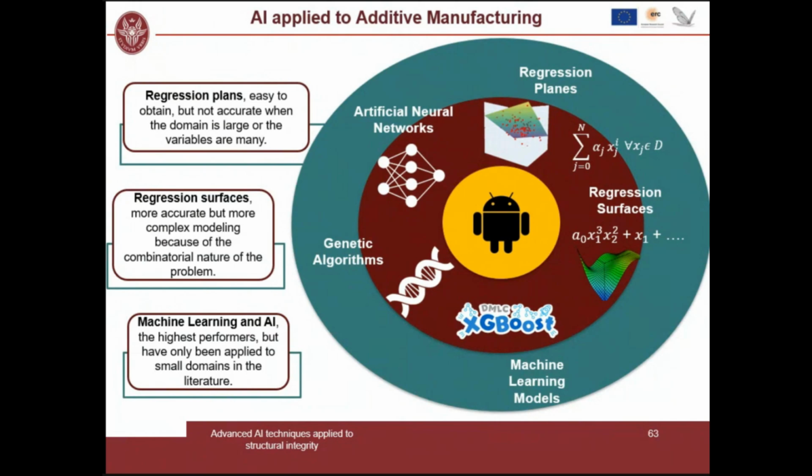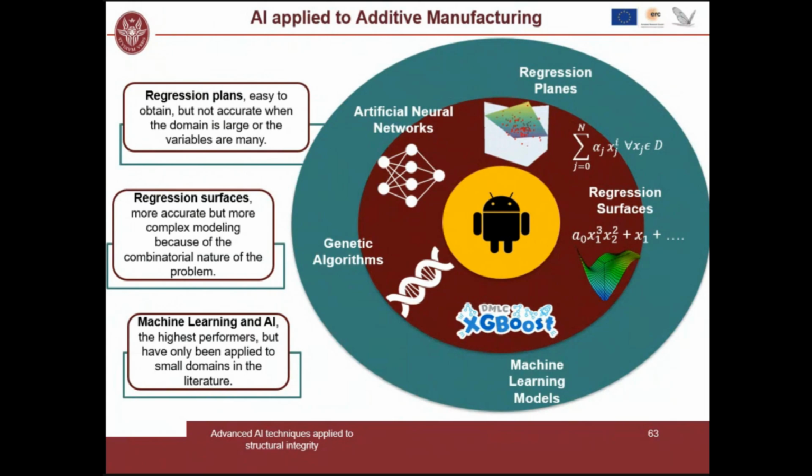Parameters interact during a print. For example, in SLM, I'm talking about SLM because I think here a lot of people work with metal. So of course, laser speed and laser power are correlated. They have a relation with each other toward the final mechanical properties. Okay, so that doesn't work.